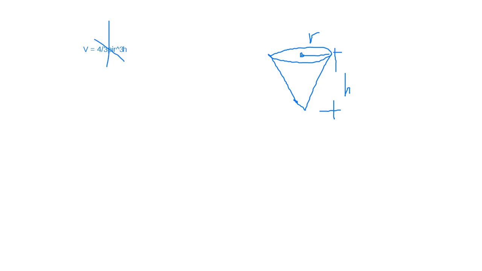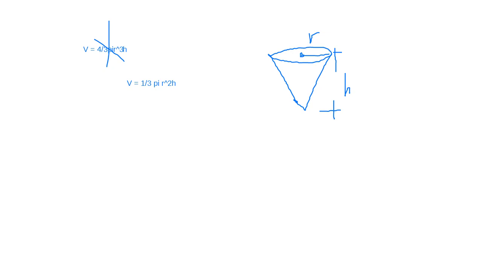The volume of a cone equals 1/3 of pi times r square h, right? Am I right? Square, right. Okay.